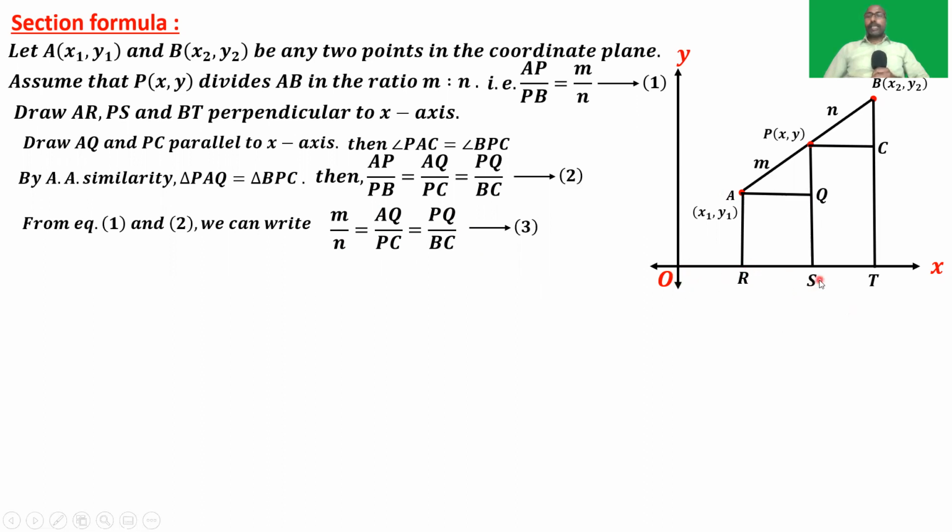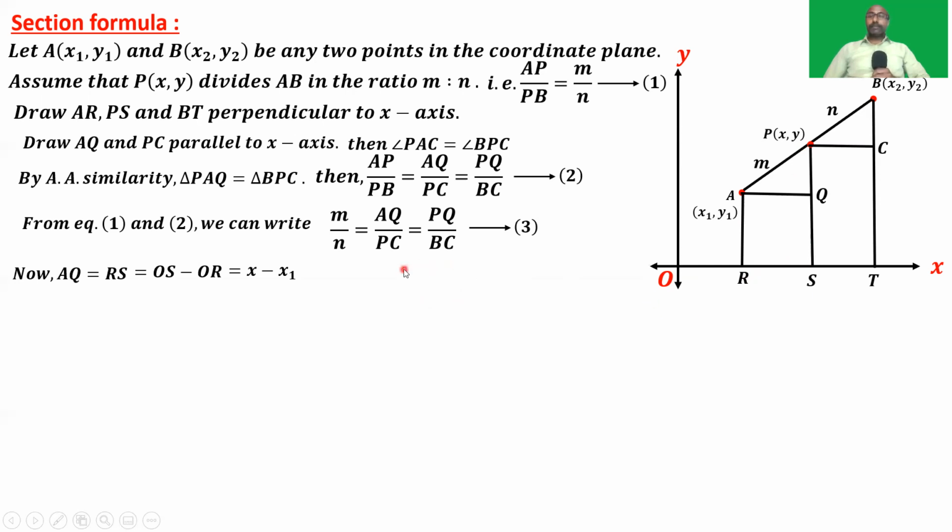OS is the distance from P to the y-axis, that is x, and OR is the distance from A to the y-axis, which is equal to x1. So AQ is equal to x minus x1.